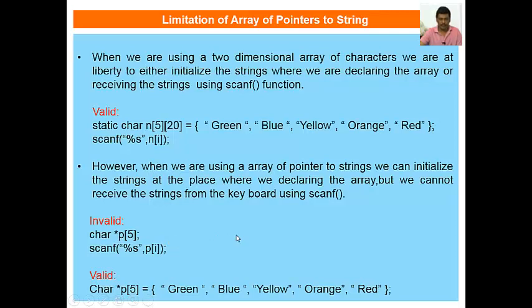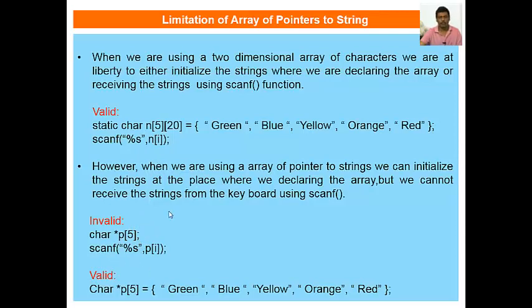So if we declare a 2-dimensional array to handle strings, and we want to get input or assign values, we use a 2-dimensional character array. We cannot get the value for pointers.